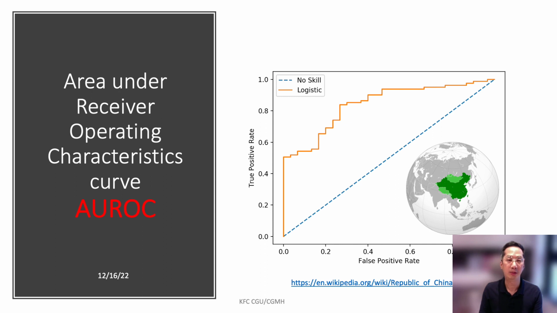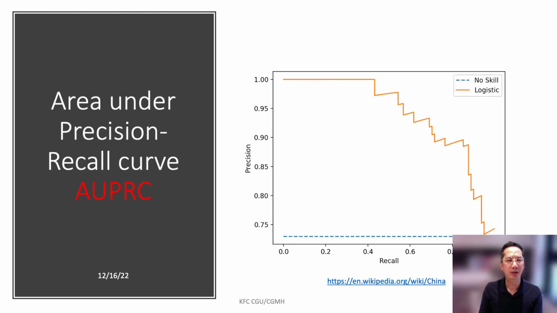And if you do some internet search, you'll find that Wiki has a better illustration for the area under the curve. In terms of the area under the precision-recall curve, this is a more computer science oriented estimate.